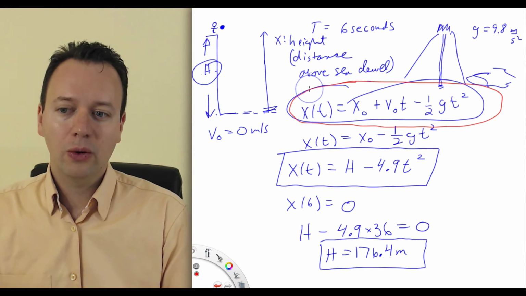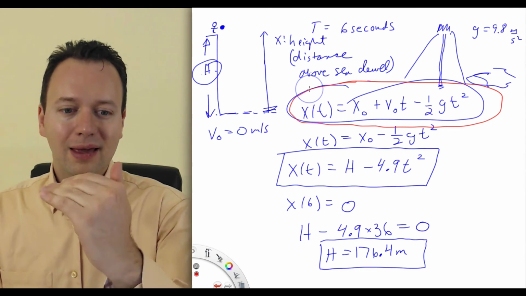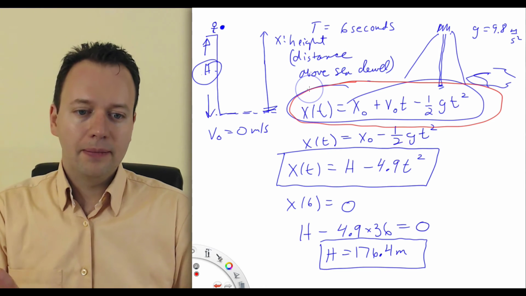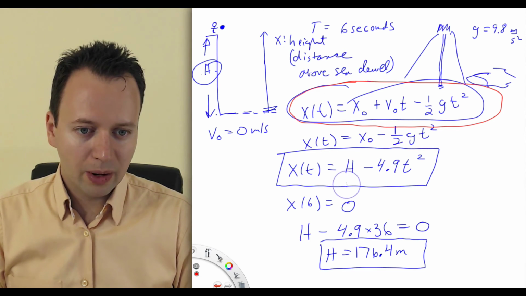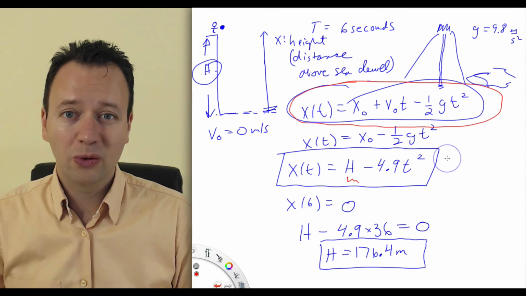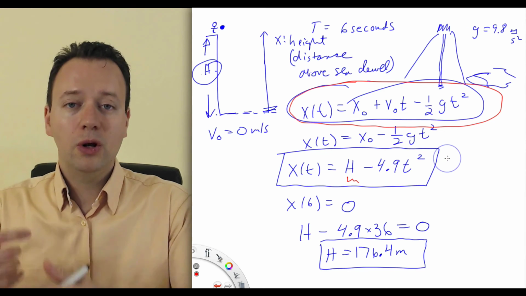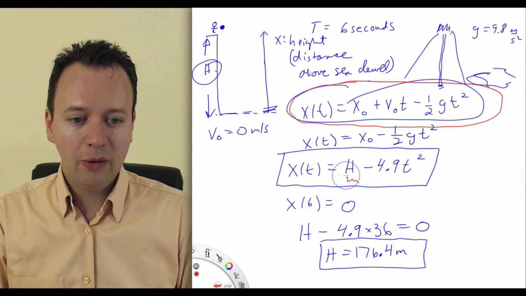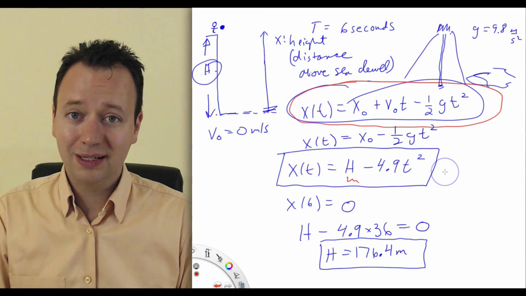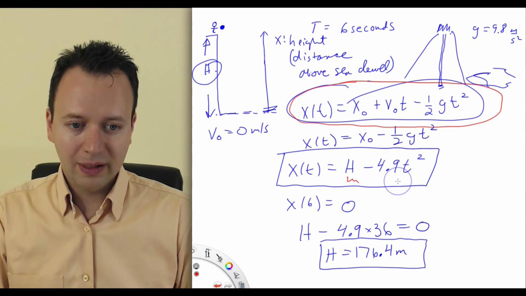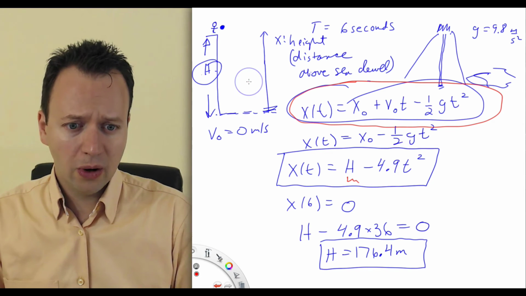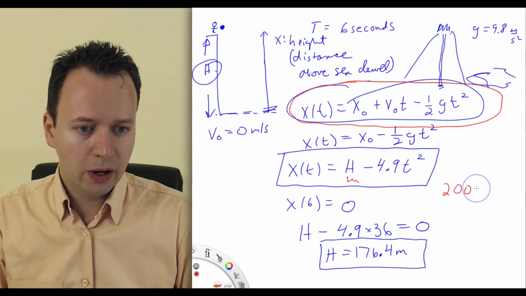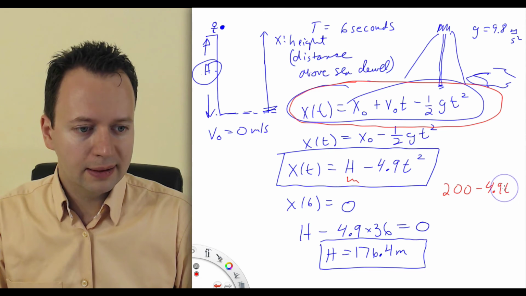Here we were solving for the initial height, so we used a parameter to represent it. Maybe we know the initial height but not how long it takes to land. Now we know h, and we set this equal to 0 and solve for t. Let's say it's 200 meters tall, we would have 200 minus 4.9 t squared is equal to 0.